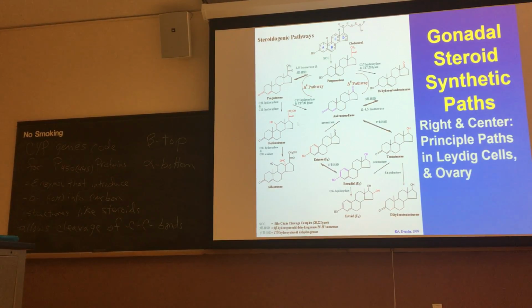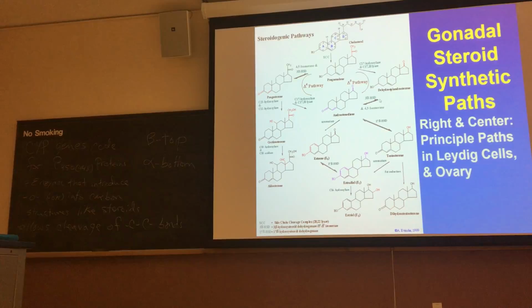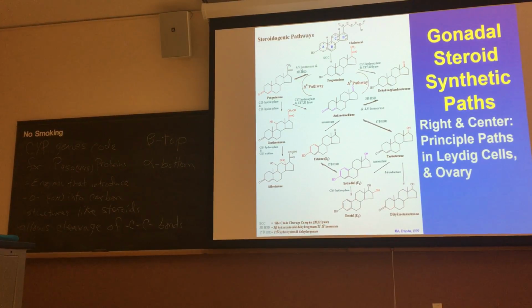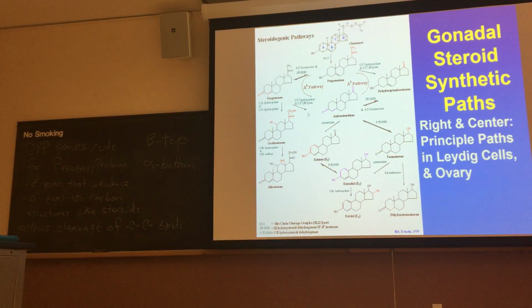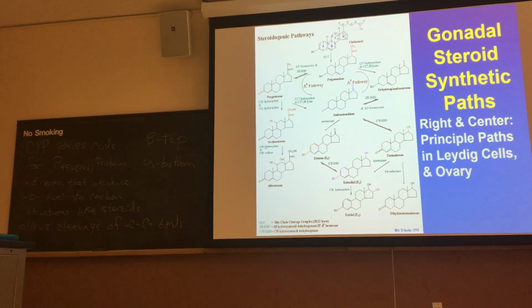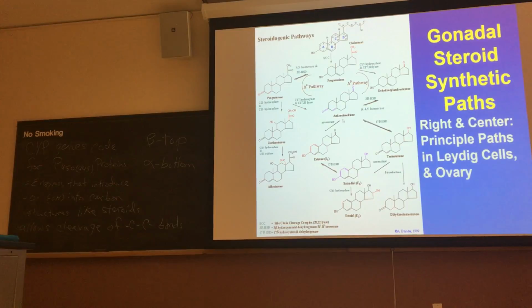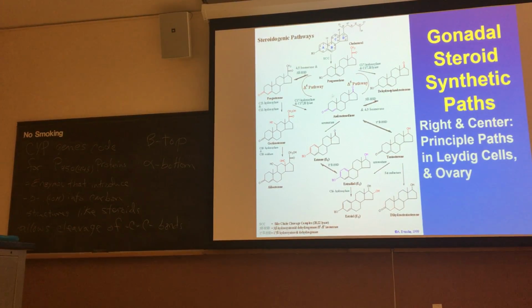And then if you use 3-beta-hydroxysteroid dehydrogenase and the 4,5-isomerase here, you go to the same place you would if you used them in the opposite order. This is going on in the gonads. This part is going on in the adrenal cortex. Again, back in the gonads, you can go from androstenedione to either testosterone first and then to the estrogens, or to the estrogens directly.